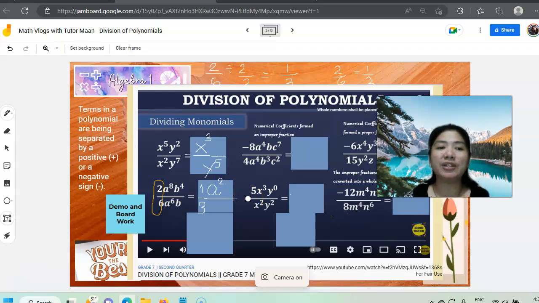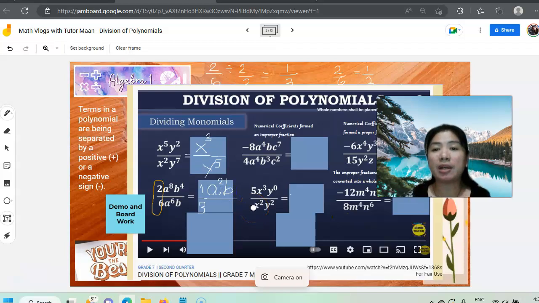Now let's move on to the variable b. What are the exponents for variable b? We have 4 in the numerator and 1 in the denominator. So where to place b? Yes, in the numerator, because the bigger exponent is in the numerator, which is 4. So we write b in the numerator.